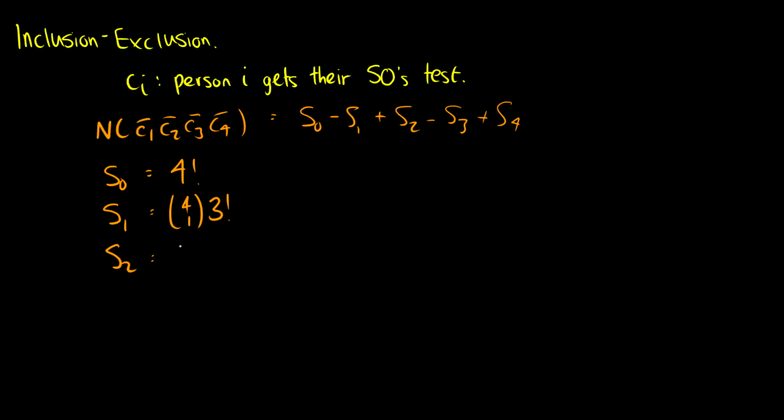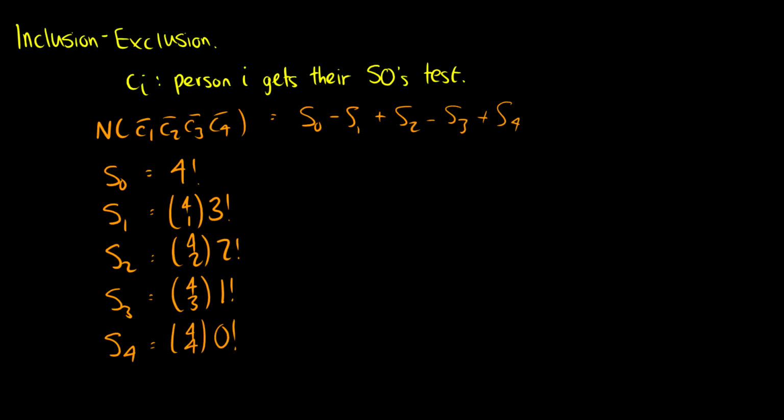For S2, we're going to choose 2 TAs to get their significant other's tests, and then we'll order the rest however we want. For S3, we're going to have 4 choose 3, and of course the last one is going to end up getting his significant other's test, but don't worry, that'll be uncounted when we do 4 choose 4 times 0 factorial for the last one.